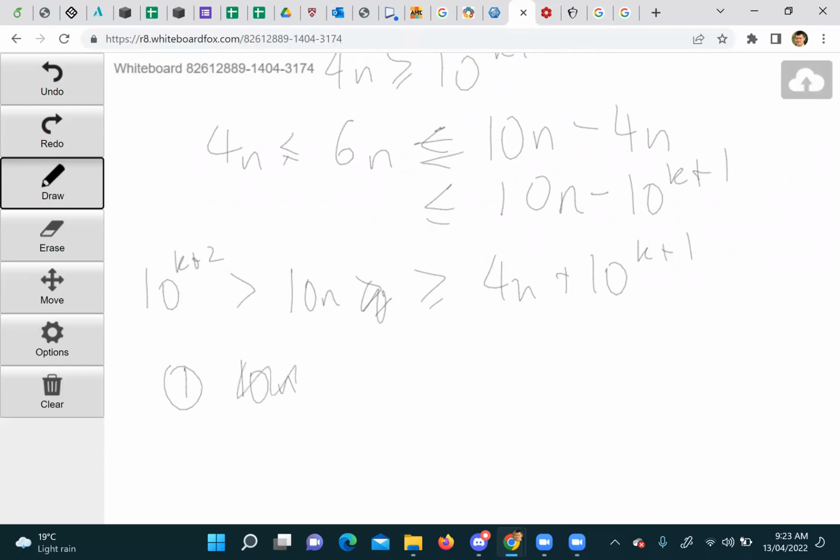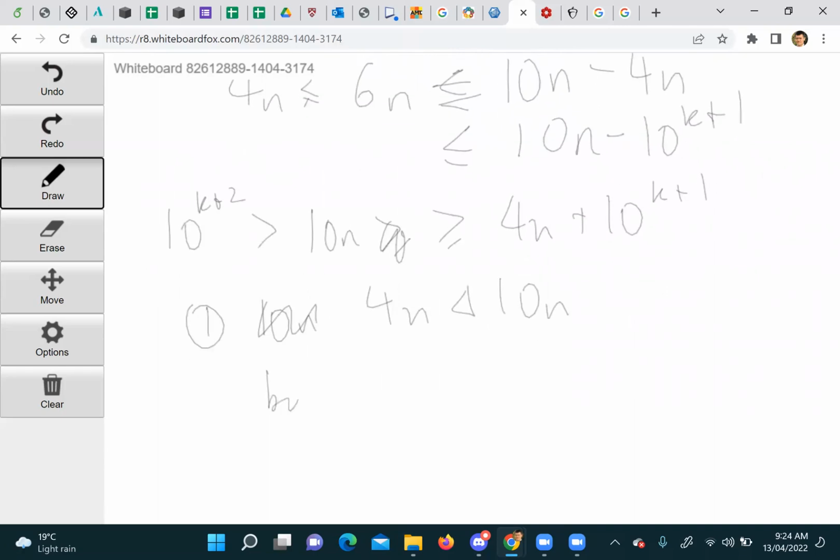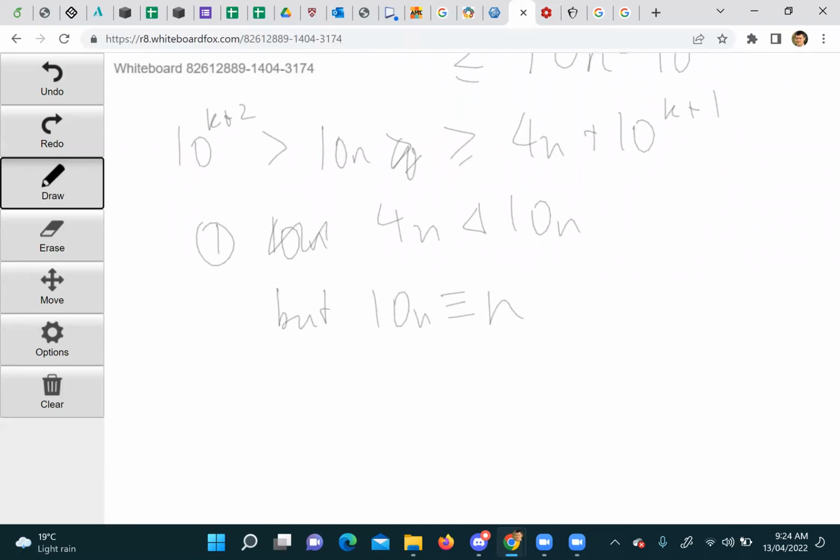But for 10n, we maybe have another notation, it equals n, like moving the last digit. So I guess we'd have both. So 4n is triangle n, right?